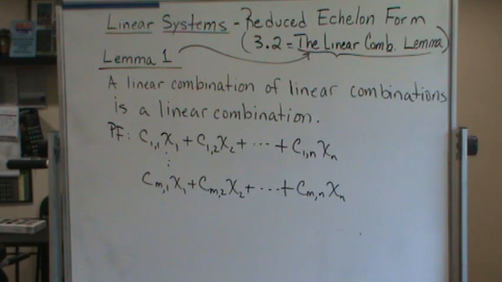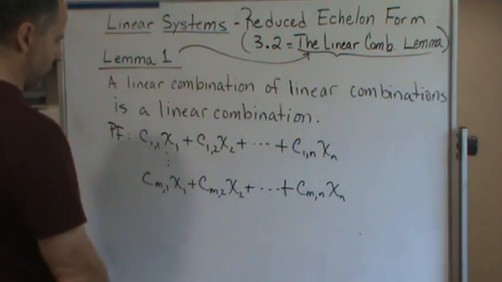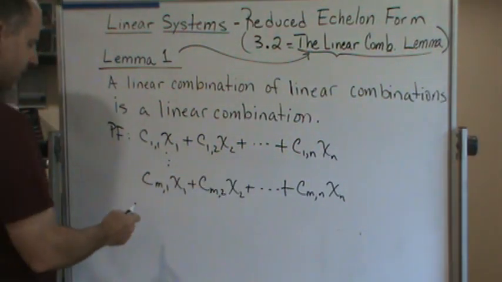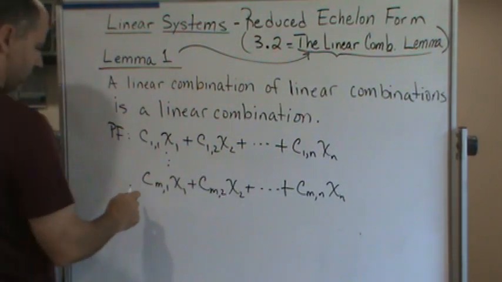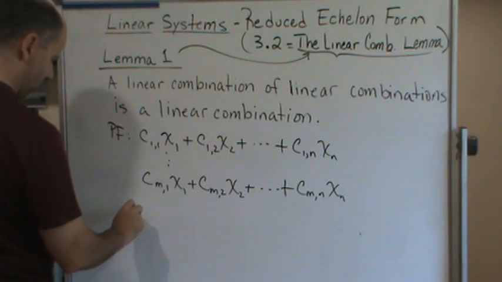And so, what if we take all of these linear combinations and combine those in another linear combination, right? So the C's, all the coefficients, are scalars, and let's say we combine these linear combinations in another linear combination as such.